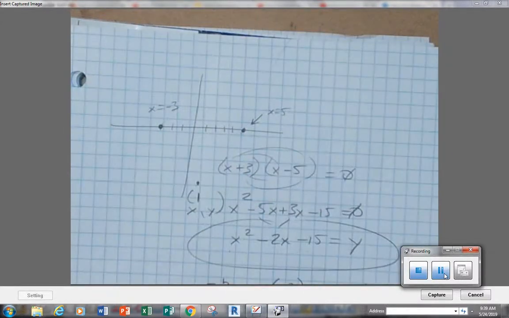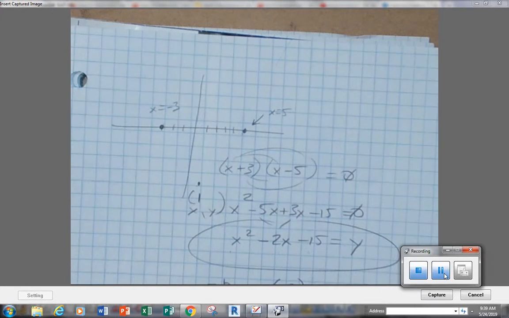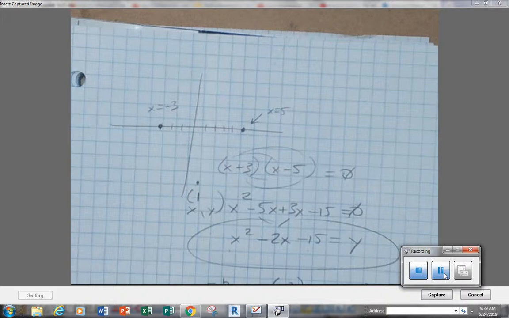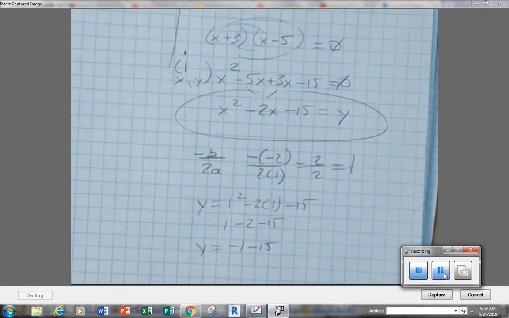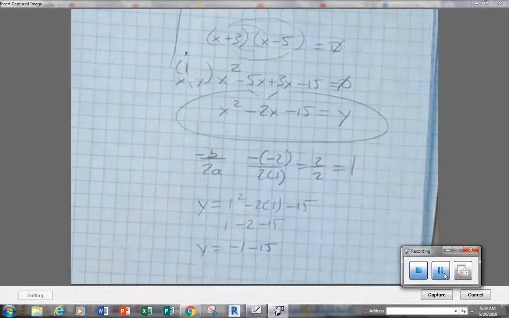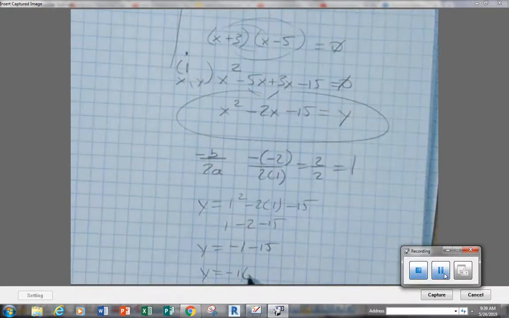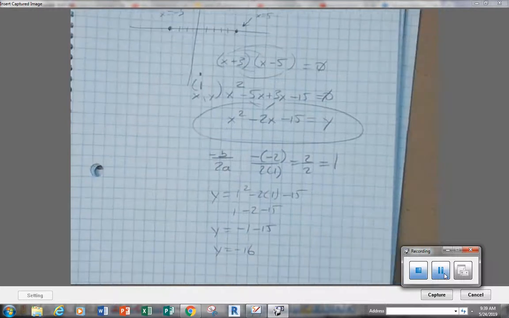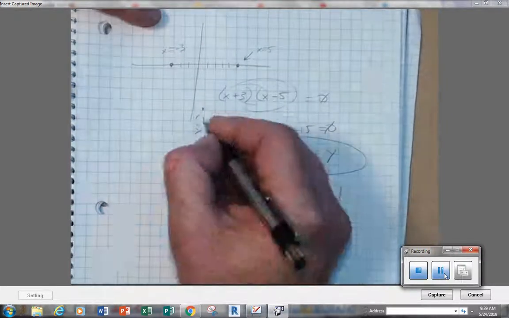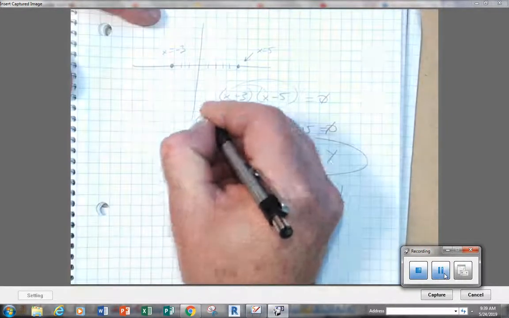Let's do it. So 1 squared minus 2 times 1 minus 15. Y equals negative 1 minus 15. Sorry about that right there. Plugged in 1 here into the equation. So y looks like negative 16. So back to this problem right here. It looks like my vertex is 1, negative 16 way down here.